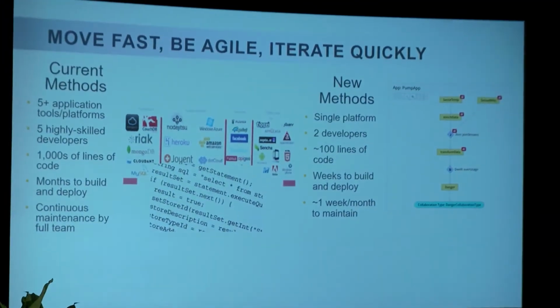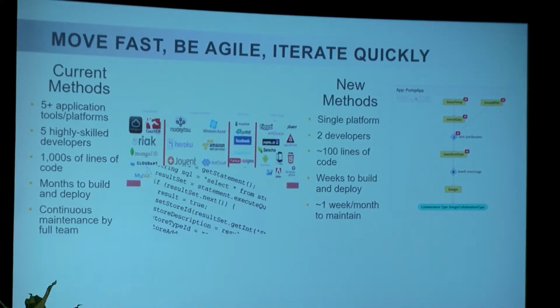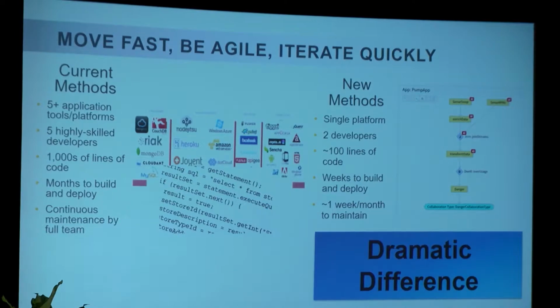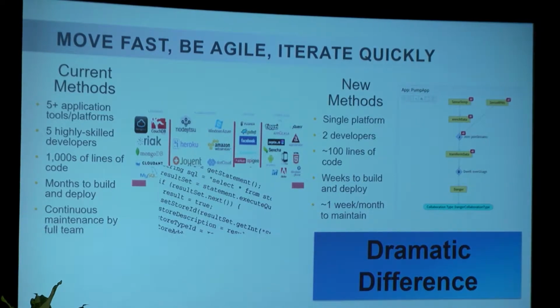So that competitive stamina is fundamentally about agility in my mind. So there's the current way of building these applications, and then there's this, again, so-called low-code, no-code, really not a new concept, but applying it to real-time event-driven apps is actually fairly new, and the difference is dramatic.